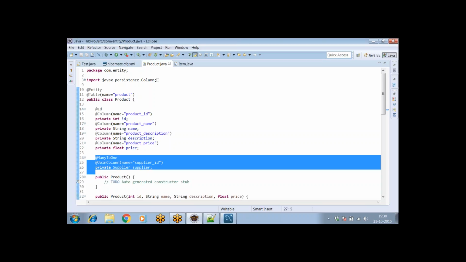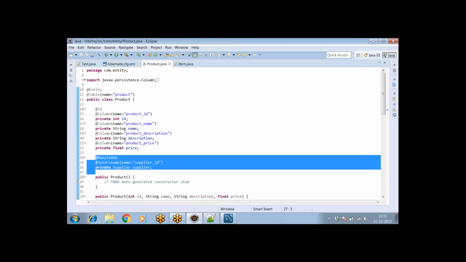You will find that here Hibernate in this case follows eager fetching strategy by default. In case of many to one association, to this product object only one supplier is associated, right? So in this case, it won't go for lazy fetching.